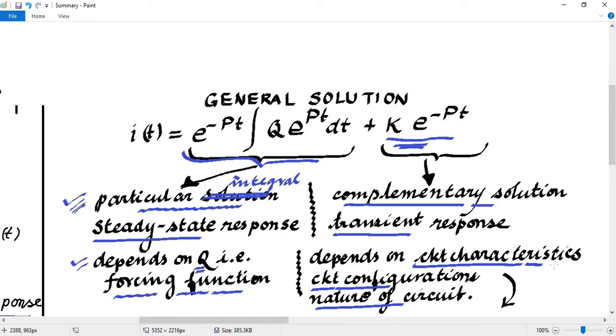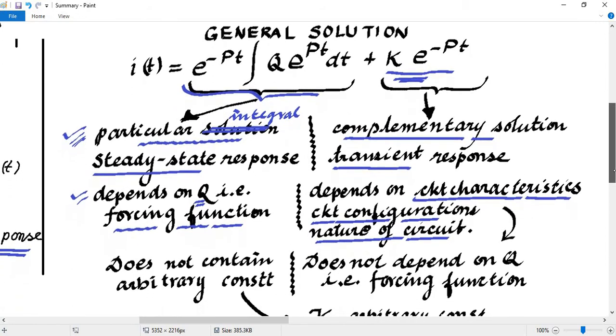All these are interrelated. Circuit characteristic is nothing but a result of circuit configuration. Circuit configuration is nothing but the nature of the circuit. Then the particular integral does not contain any arbitrary constant.